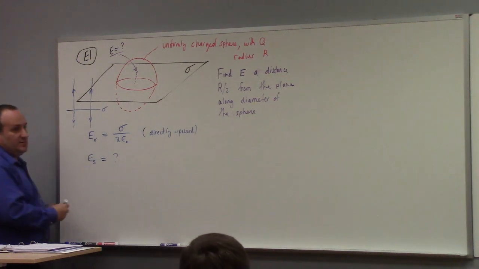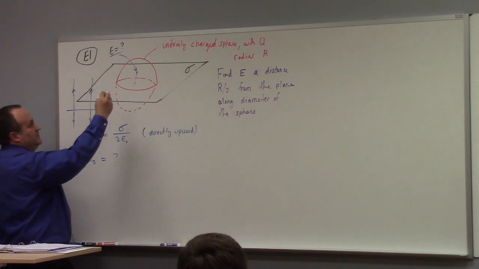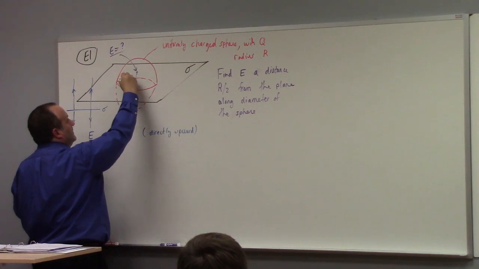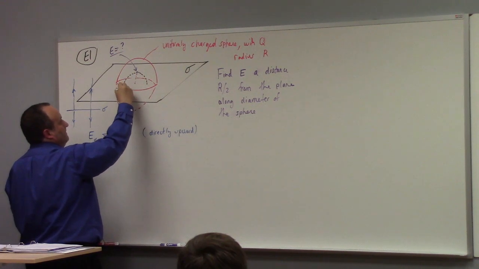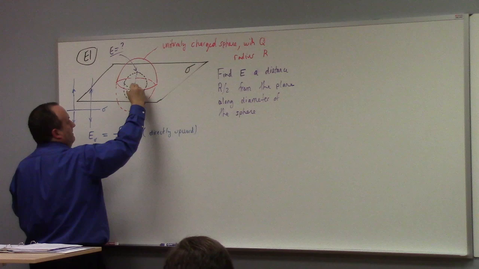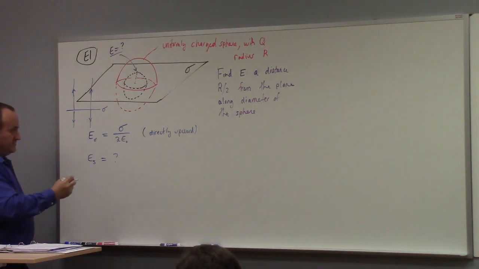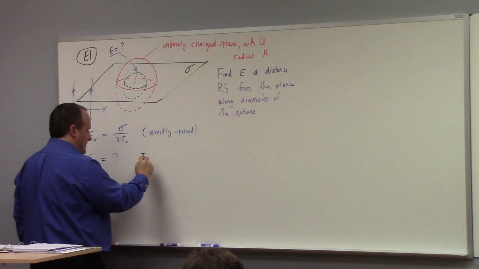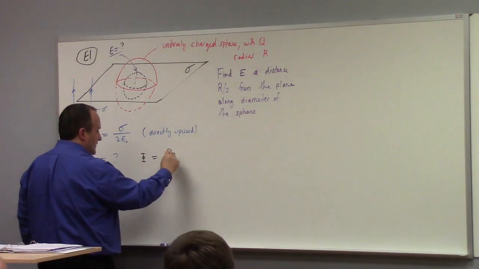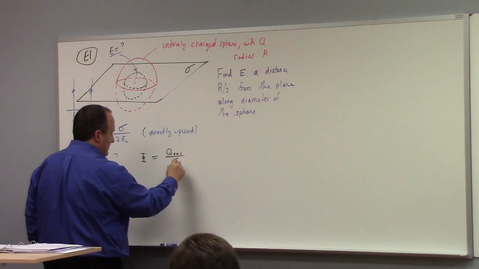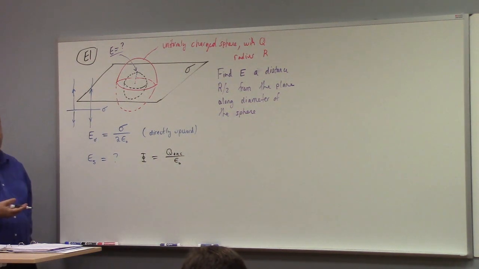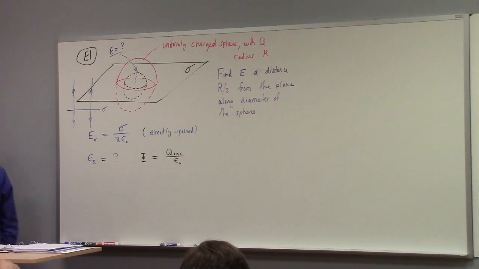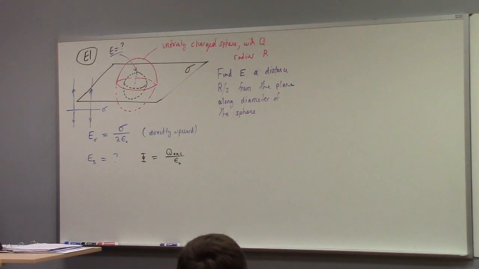But we can figure that out by Gauss's law. What we'll do is imagine a Gaussian sphere that's just like this. The flux through that sphere is equal to the charge enclosed divided by epsilon naught. By the spherical symmetry, the electric field at the point in question is the same in magnitude as everywhere else, and also the electric field is completely symmetric.